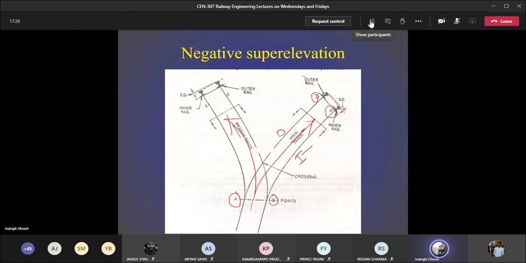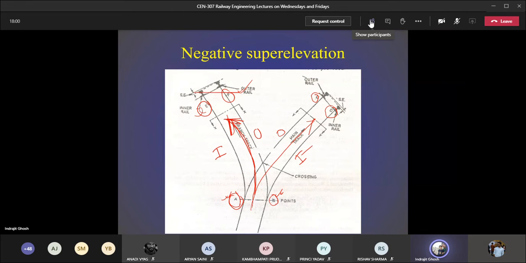Now look at the branch line. It has a contrary flexure, so it is going to bend in the opposite direction. If I look at AE, this is the inner rail. BF is basically the outer rail. As per our knowledge, we would like to put BF at a higher elevation compared to AE.